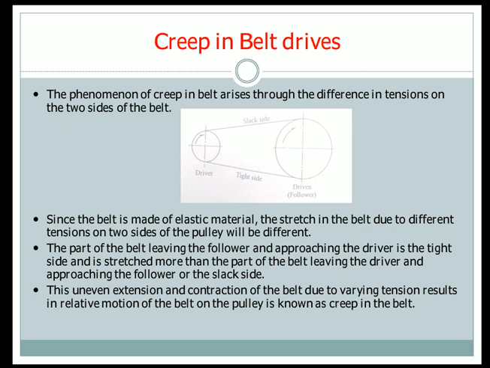The next concept is creep. Creep occurs when there is a difference in tensions on two sides of the belt. As you can see in the figure, there is a driver and driven, and there are two sides: one is the tight side and the other is the slack side.